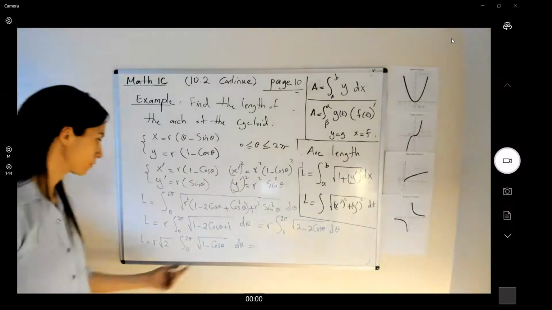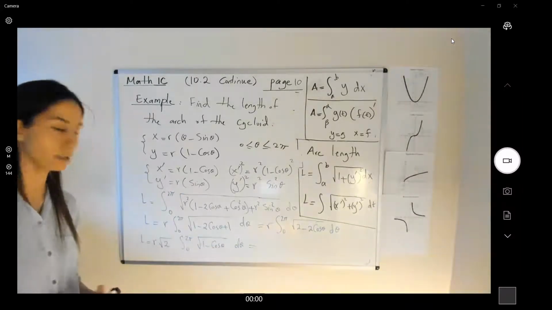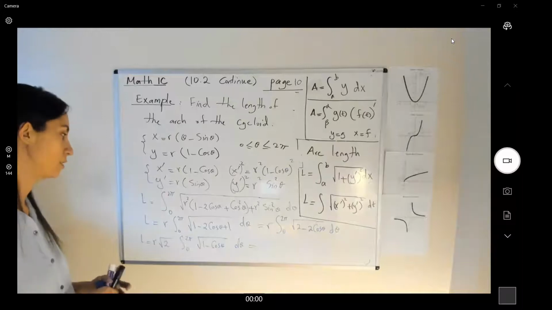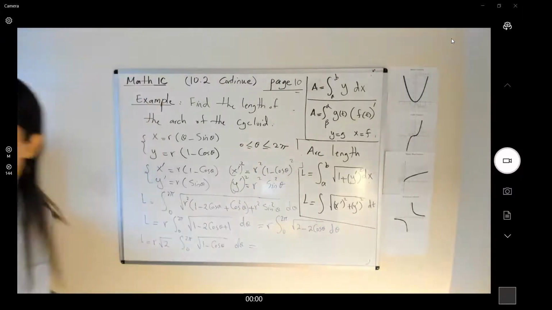Okay, now we have to take 1 minus cosine theta outside the radical. So let me write this up here for you.